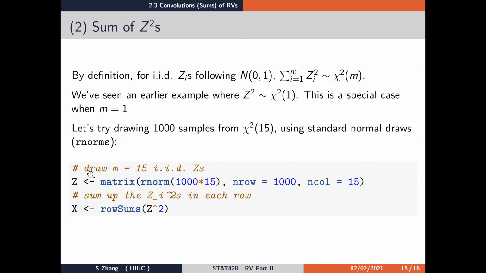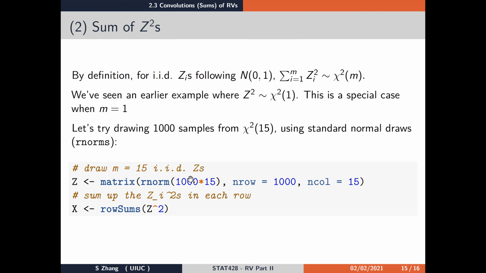So let's first create a Z matrix, which are our standard normal draws. So in this case, Z is going to be a matrix of rnorms with, you can see, 1000 rows and 15 columns.